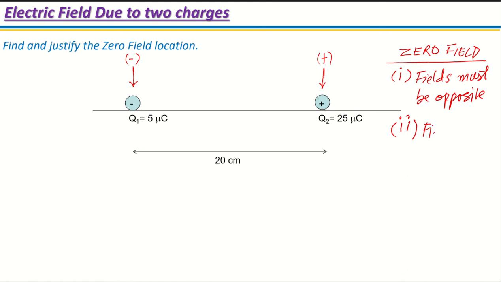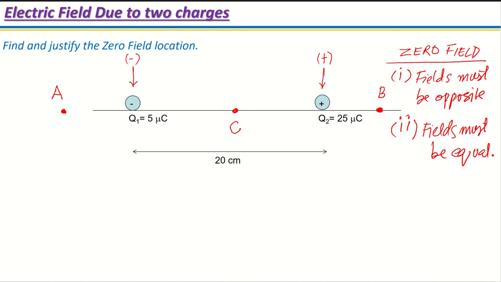So fields must be equal also. For example, we consider three locations: towards the left of both the charges, towards the right of both charges, or in between the two charges.